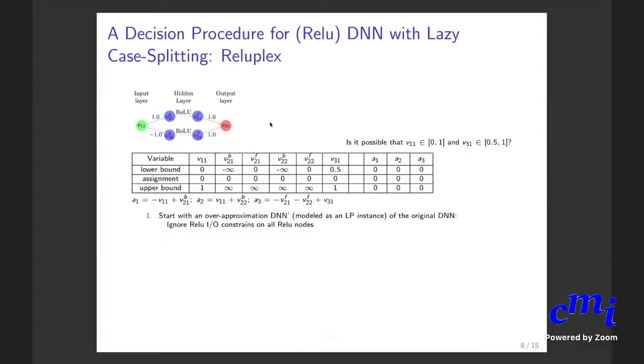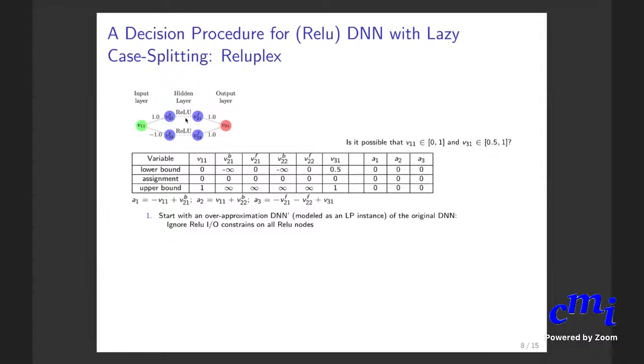Okay, so here I'm expressing the formula that describes the DNN, assuming I'm throwing away the ReLU constraints.